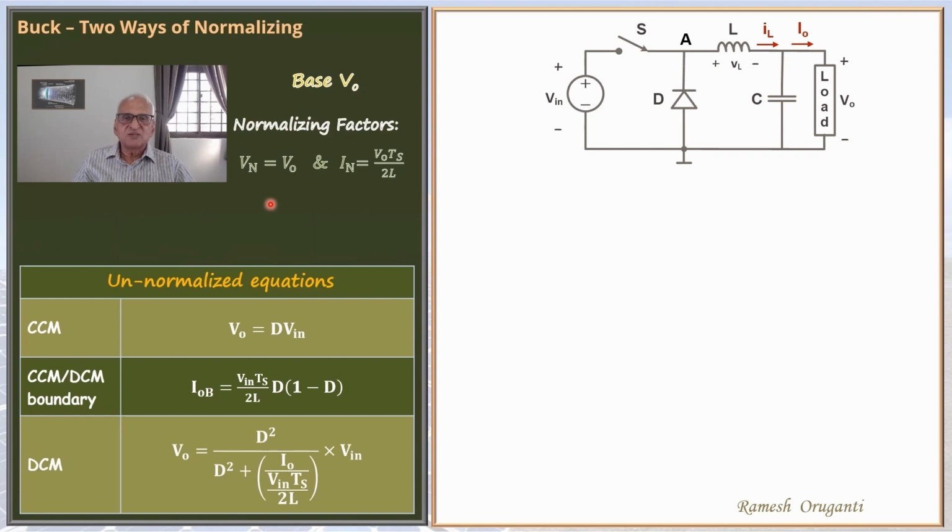First take the CCM equation. V0 now is the normalizing factor. So what we can normalize and what we will normalize is the input voltage. So Vinn, the normalized input voltage, is Vin divided by Vn, the normalizing voltage factor.